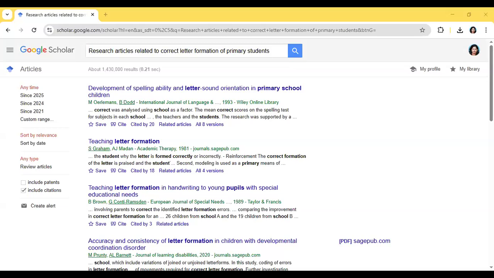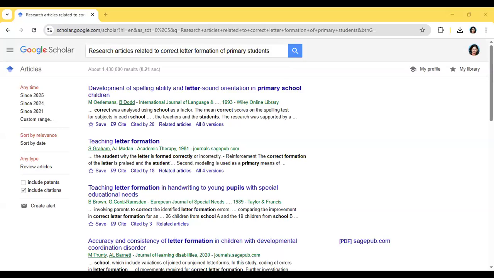So there are a large number of articles here. I'll show you. Look here: Development of spelling ability and letter sound formation.